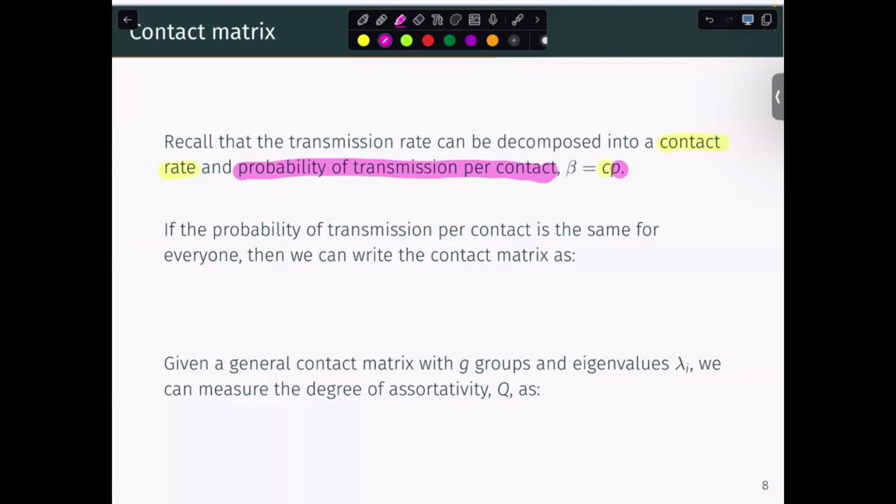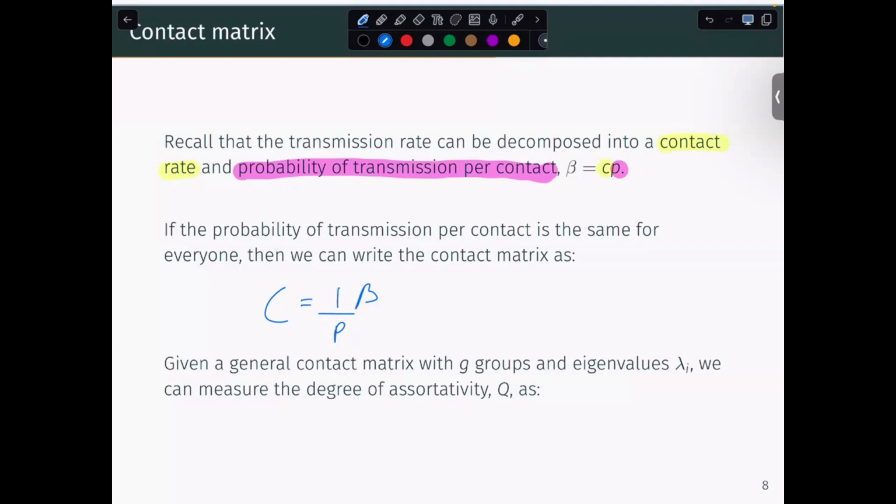That means we can write down a contact matrix. So our contact matrix, what's that going to look like? Well, I'm going to start with our transmission matrix beta, and we're going to divide it by our probability of transmission per contact.